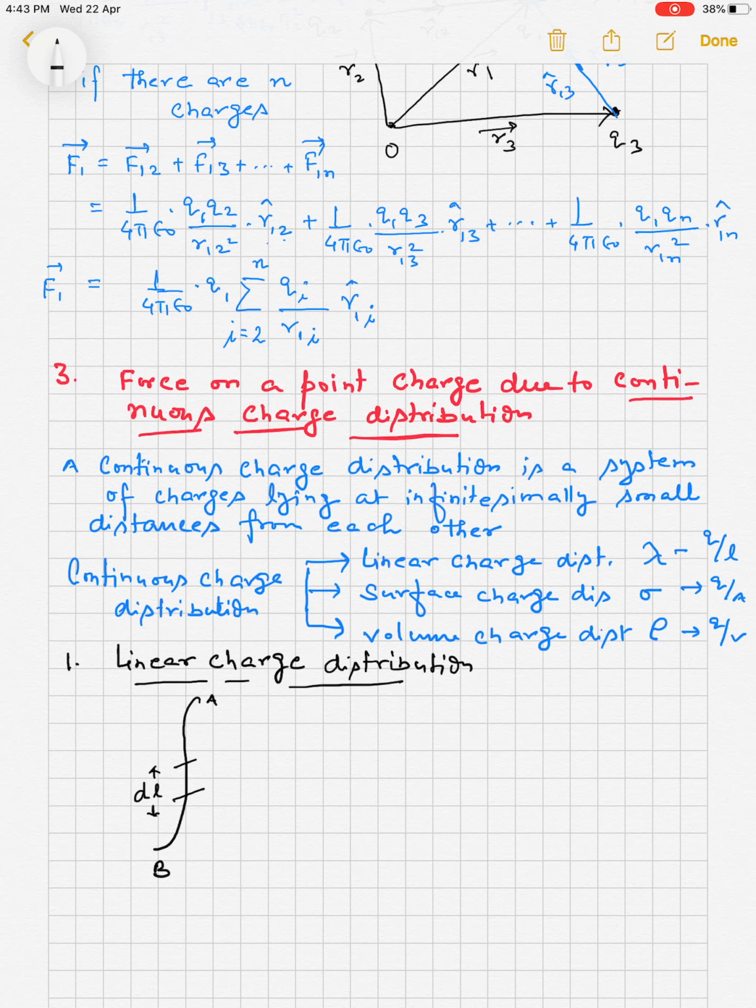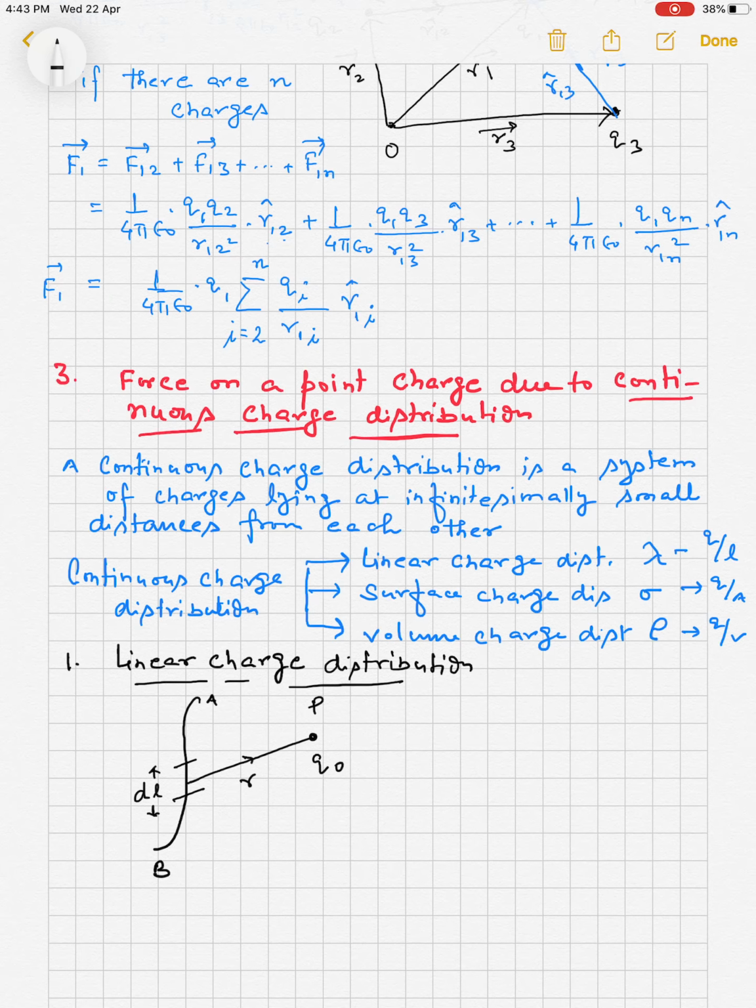The charge Q is distributed over this conductor of length L, and we have to find the force on a charge Q naught situated at P at a distance R from the center of this element.